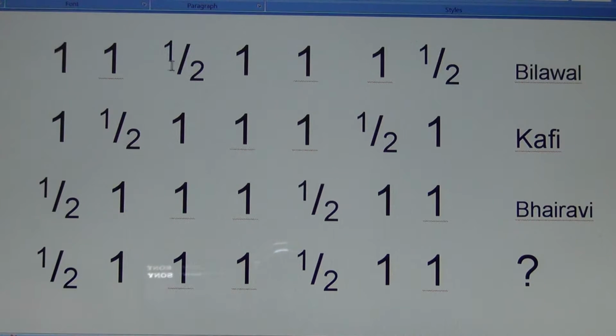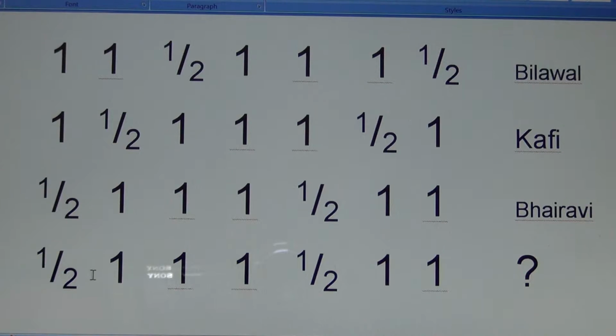If we took that and removed the first one here and put it at the back of it, then we would end up with this, which is Thaat Kafi. And if we took Thaat Kafi and took that one again from the front and put it at the end, then we end up with this here, which is Thaat Bhairavi.